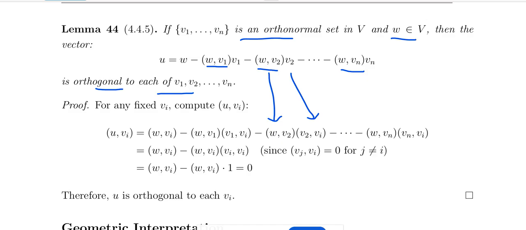So only w comma vi into vi comma vi remains, otherwise 0. The w comma vi is here, vi comma vi becomes 1, so the two are the same and it becomes 0. So this structure of u, the vector u, is orthogonal to each of v1, v2, vn. Whenever the collection v1, v2, vn is an orthonormal set in V, the structure of u is always orthogonal to each of v1, v2, vn.